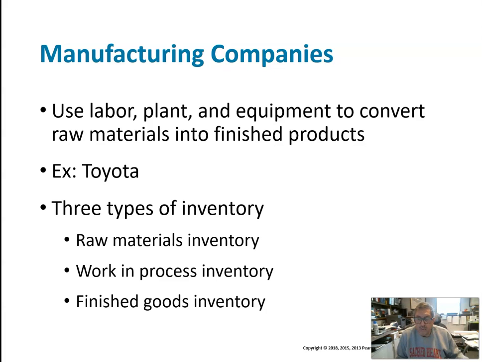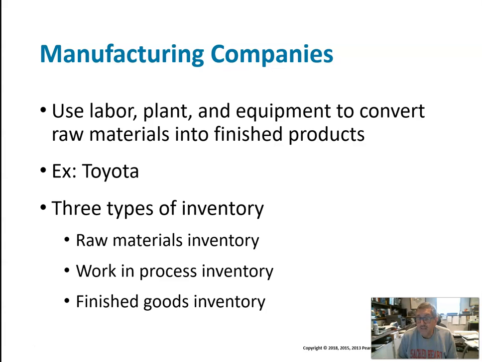The transformation process is a process where we combine labor and the raw materials to create, transform, convert those raw materials into a finished product. You can see the example they're using here is Toyota, but I'm sure you can think of lots of manufacturing examples.